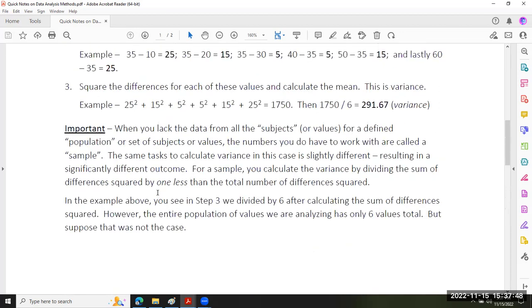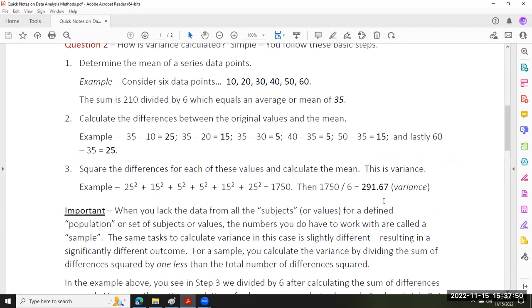What are we saying? When you're calculating variance and you have a complete set of measures or outcomes and everything's included, then you divide by the number of values. At the very last part, you divide by 6 because you had 6 inputs.